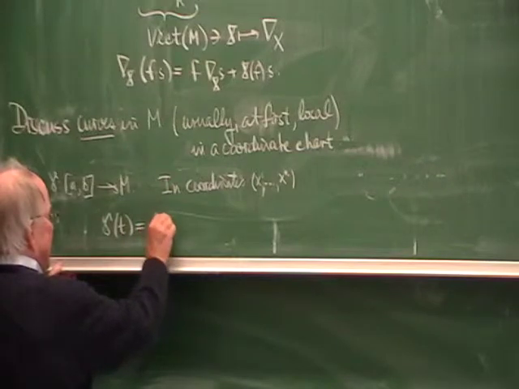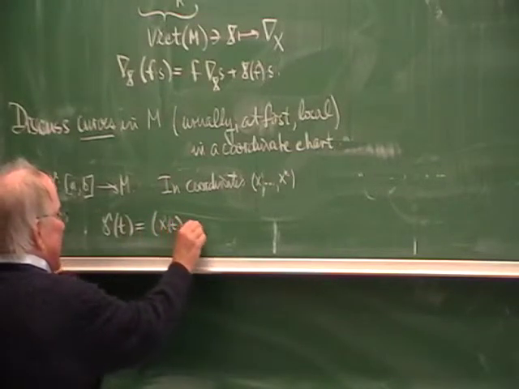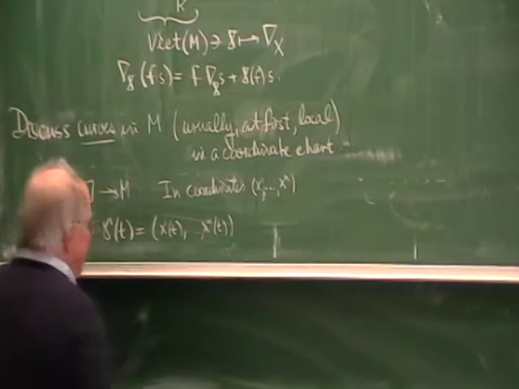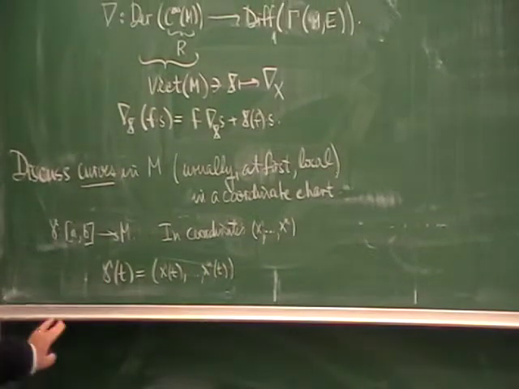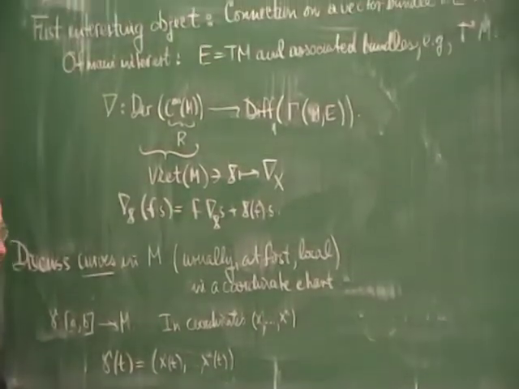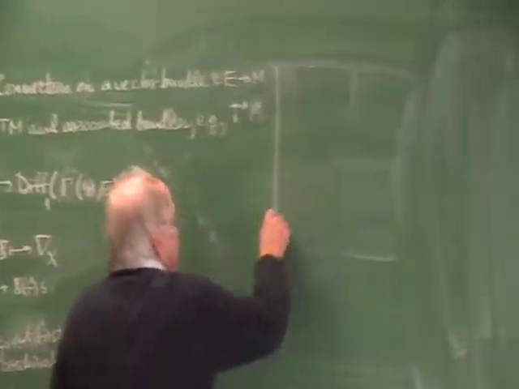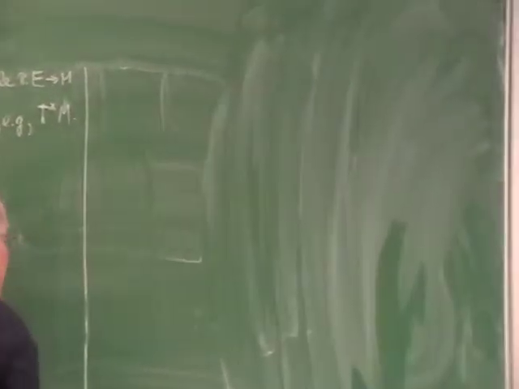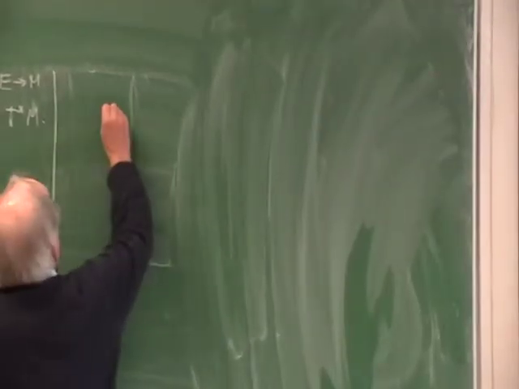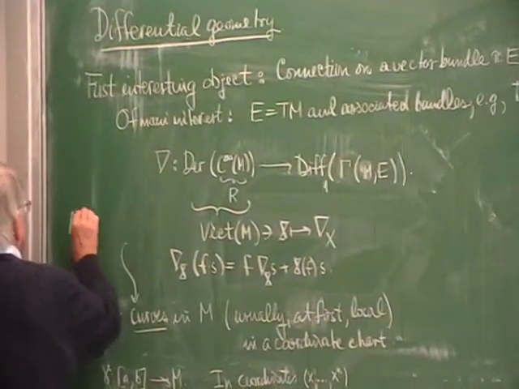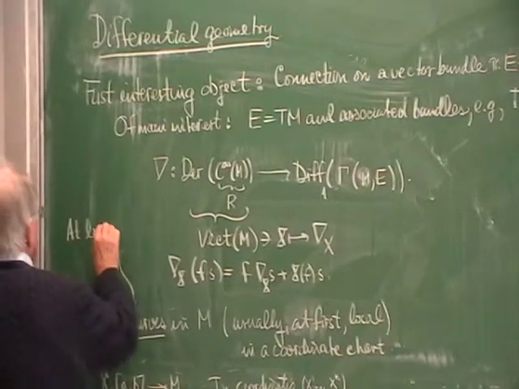Okay, so in coordinates gamma of t is x1 of t through xn of t. The manifold is n-dimensional. So in this local situation, we're in a coordinate chart and we have a smooth curve, at least piecewise smooth.